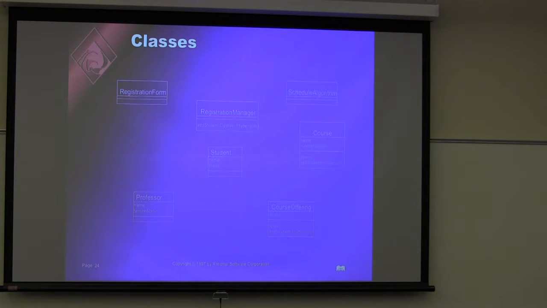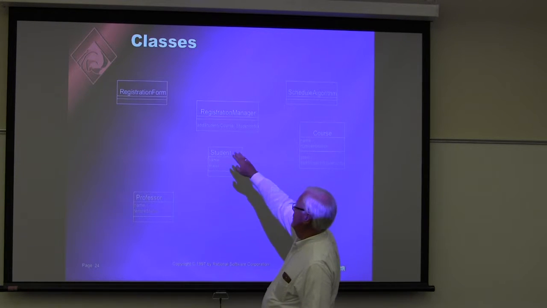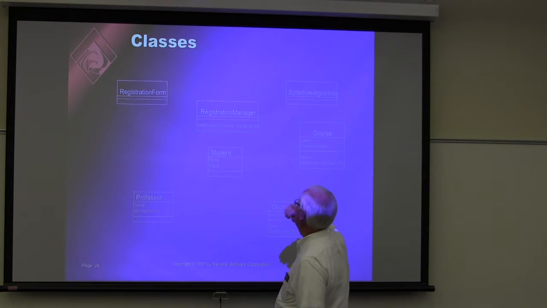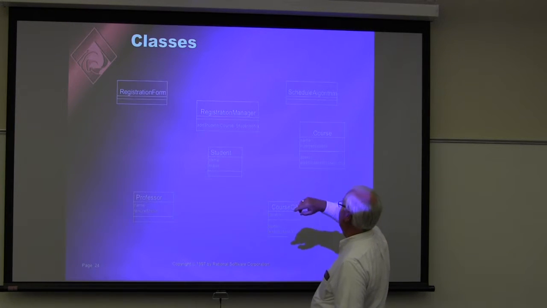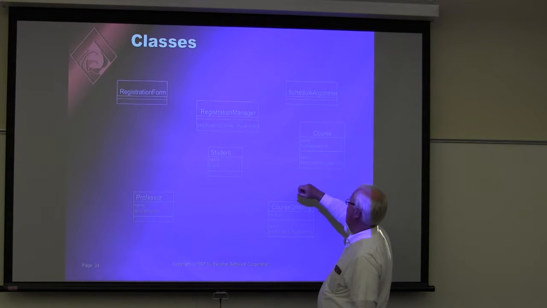So here's more detail now. The registration form is just the registration form, but we saw in the registration manager we can have processes down below, things it can do. Scheduling algorithm doesn't really. But course, we have the name of the course, the number of credits for that course are attributes, and then things we can do against it.